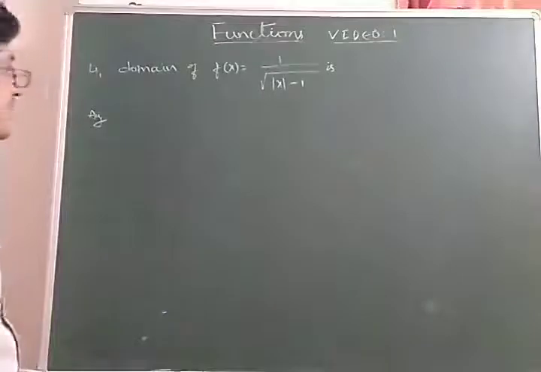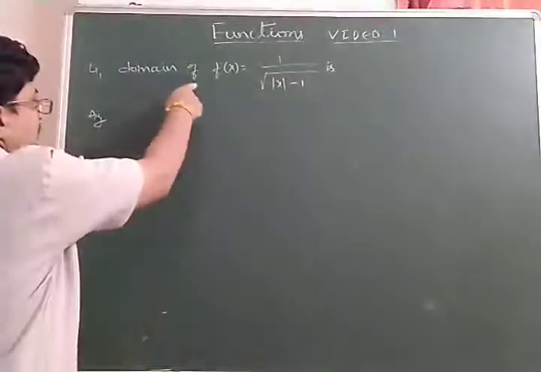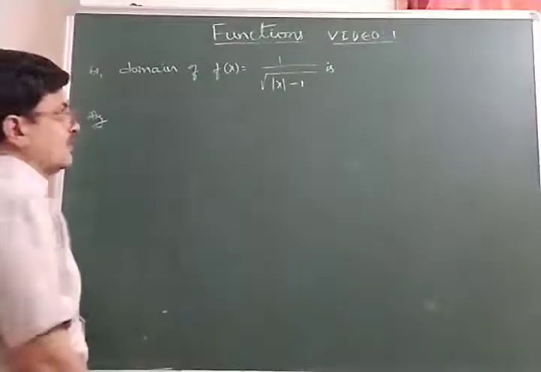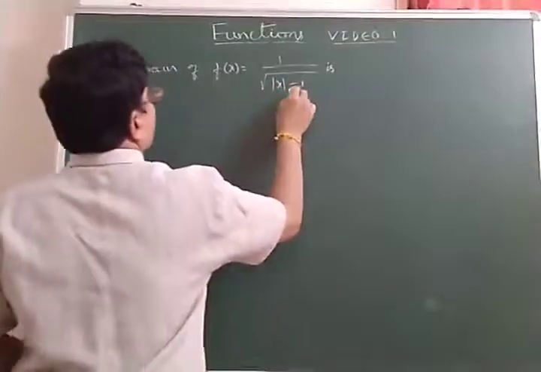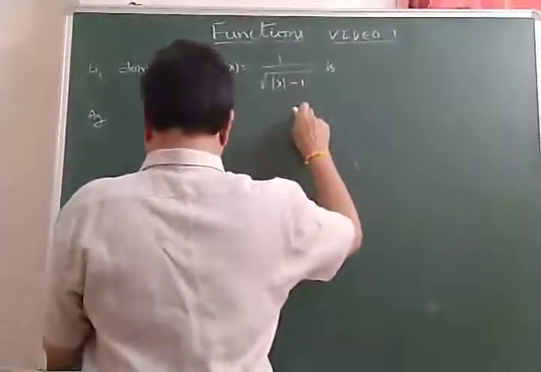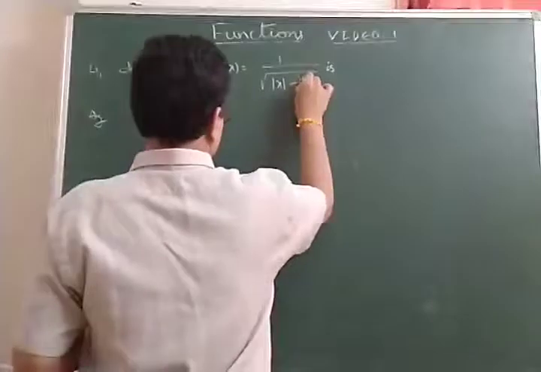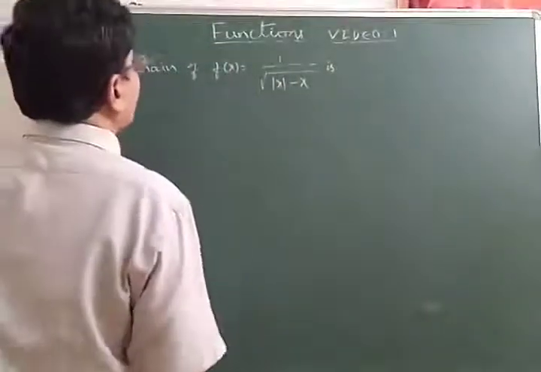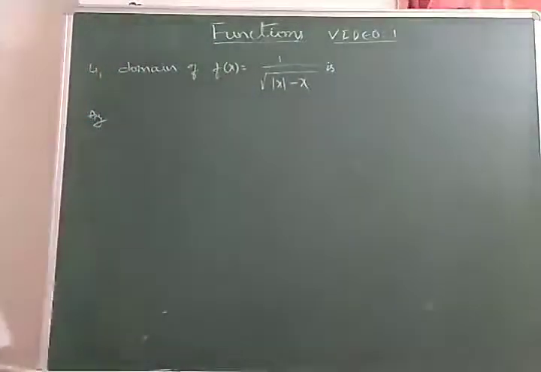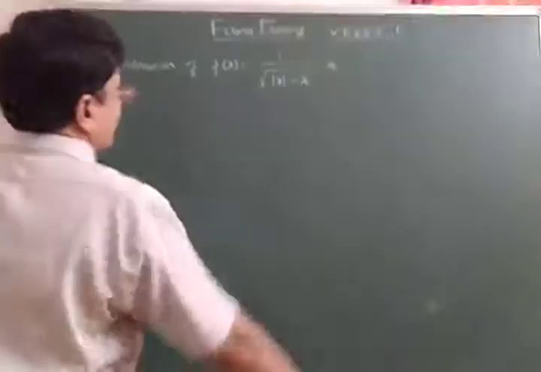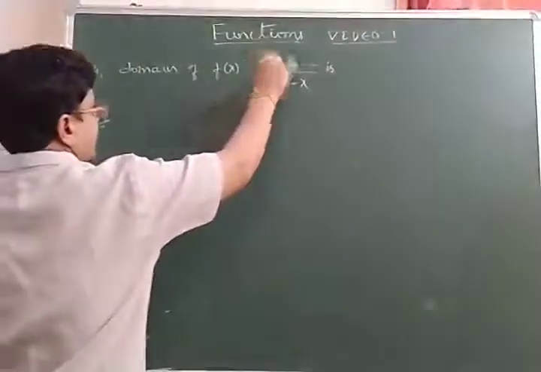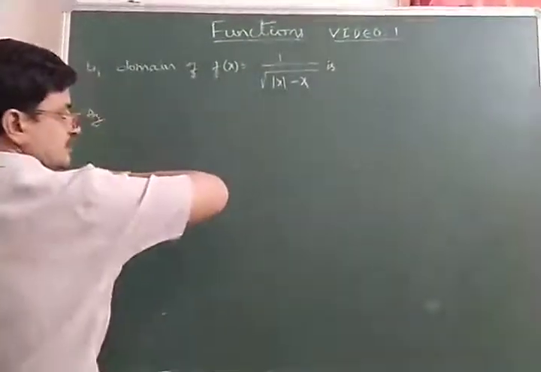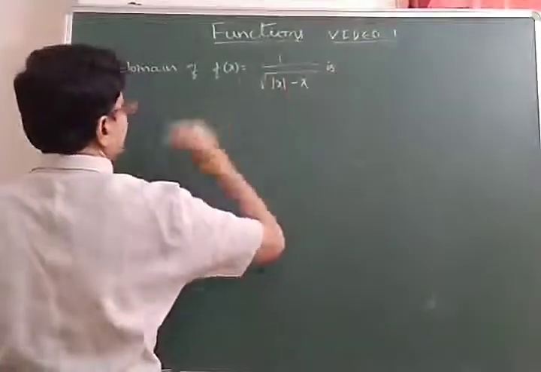Fourth question. Domain of f of x is equal to 1 by square root of modulus of x minus x. Now this is of the form 1 by root of something. 1 by root of something means the expression must be greater than 0.